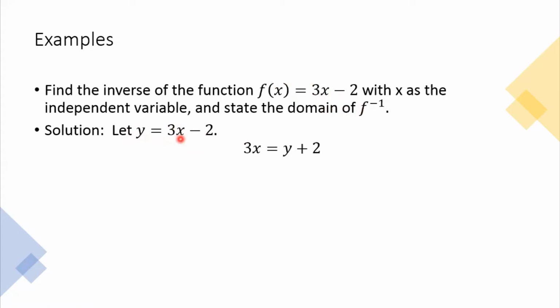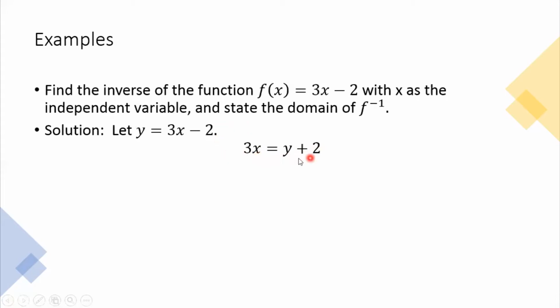Step 2, we solve for x in terms of y. So, this will be transposed to the left side, so we have negative 3x is equal to negative y minus 2. But we can also multiply both sides by a negative.